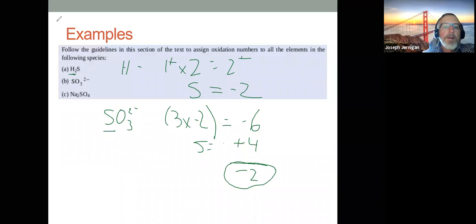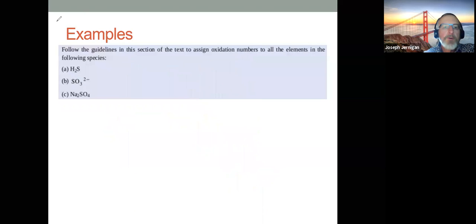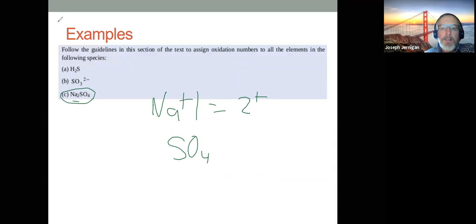Okay, good. And then let me do the last one, and then we'll finish: sodium sulfate. As we mentioned, sodium, Na, is +1, right? So you've got 2 of them, so you have two plus charges. Sulfate, since that's a neutral compound, has got to have a -2 there, right? So we've got 4 oxygens, so oxygen is 4 times -2 equals -8.